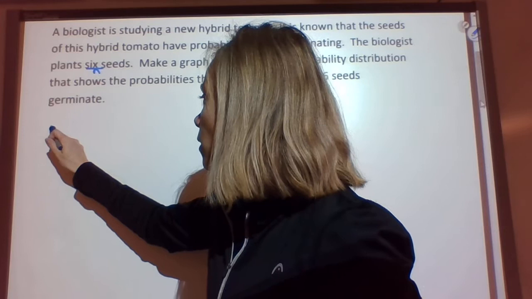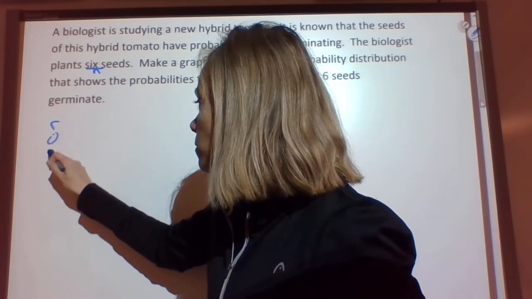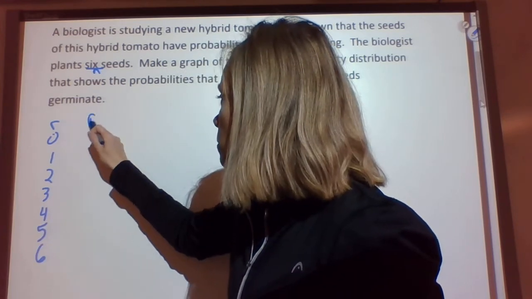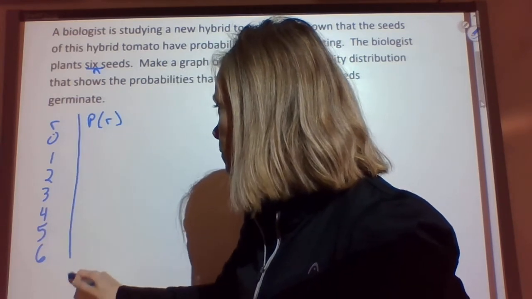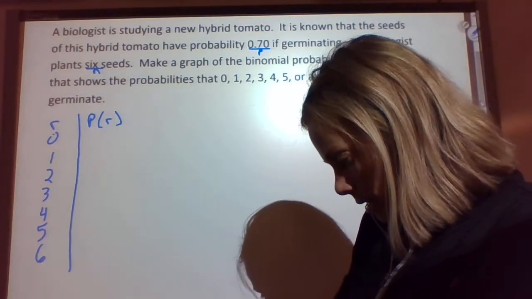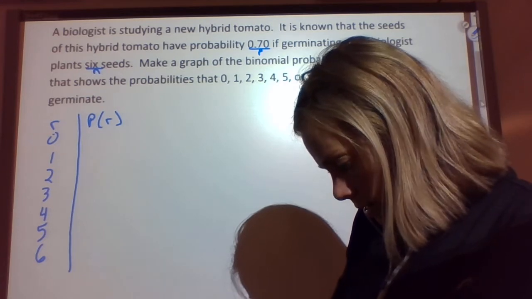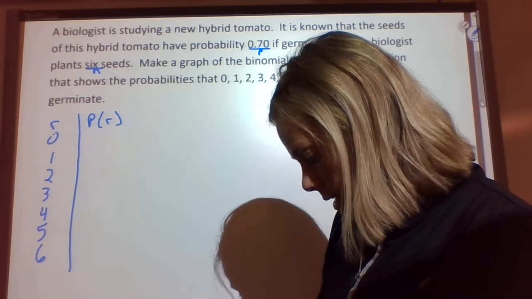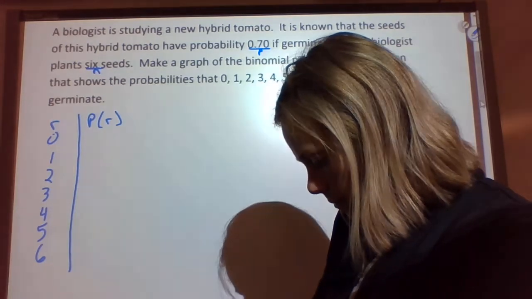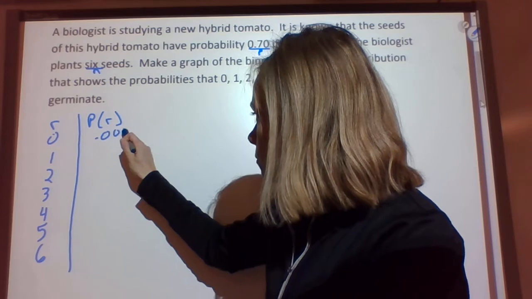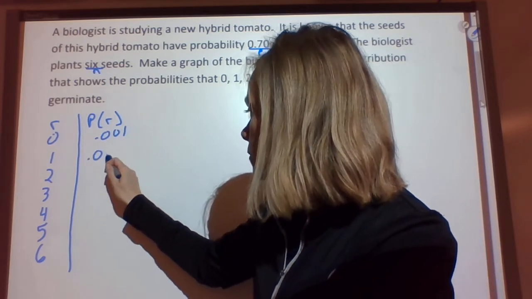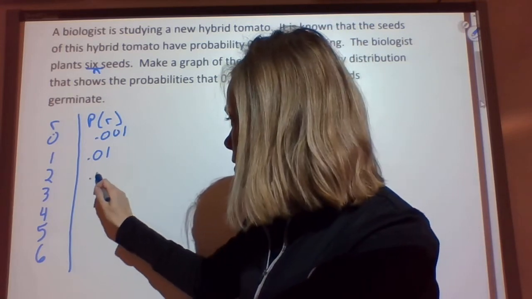I'm going to have my R be 0, 1, 2, 3, 4, 5, 6. And then I'm going to do the probability of each one. So 0, let's see, I need 70% for 6. 0 is 0.001. 1 out of the 6 would be 0.01. 0.06.